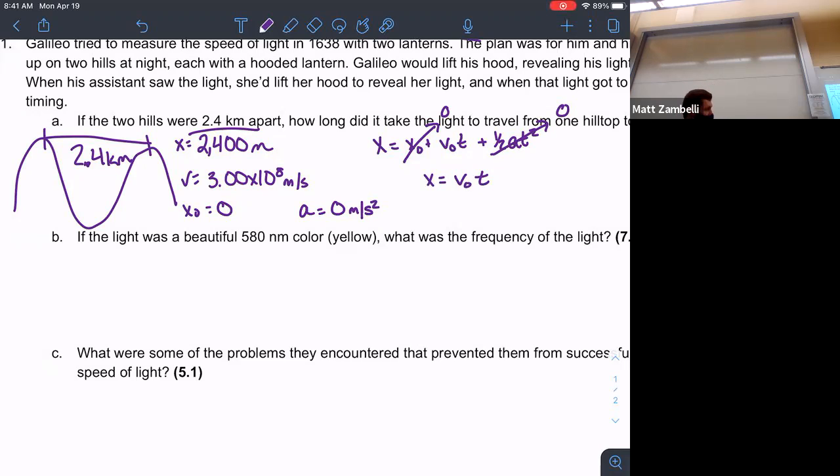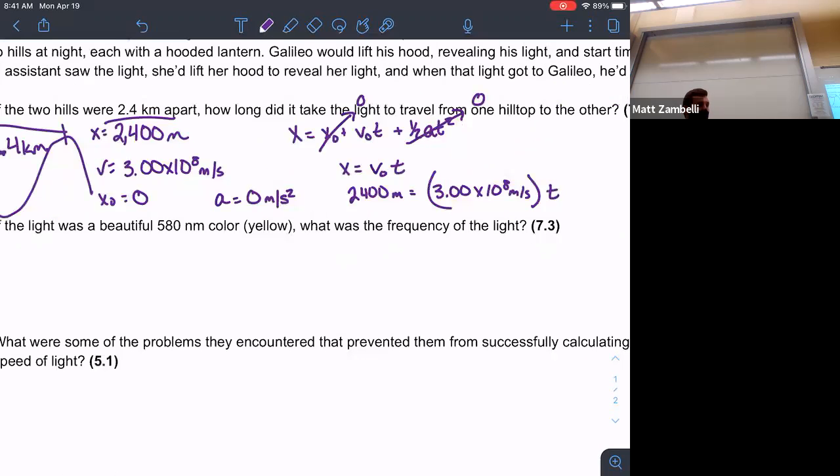All right, if we plug in everything we know, we have 2,400 meters equals 3.00 times 10 to the 8th meters per second times time. And how are we going to get time by itself?